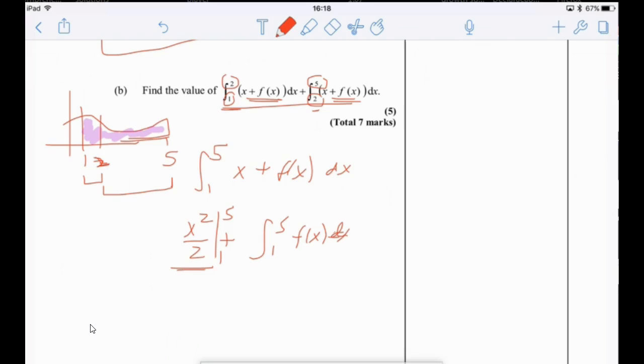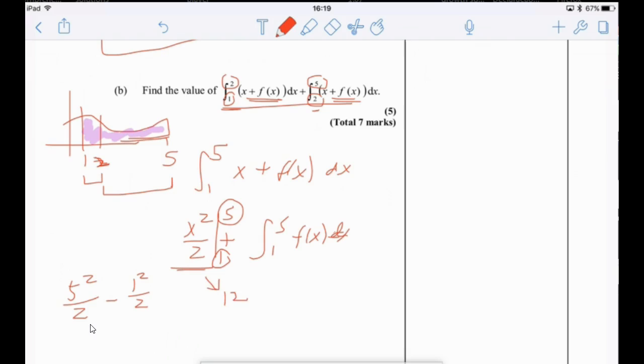Because first you put in this into the function itself, and then you subtract the function by putting 1 inside. So it'll be like this. 5 squared divided by 2 minus 1 squared divided by 2, which is just equal to 25 divided by 2 minus 1 over 2, which is going to be 24 divided by 2, which is 12. So this is going to be 12.